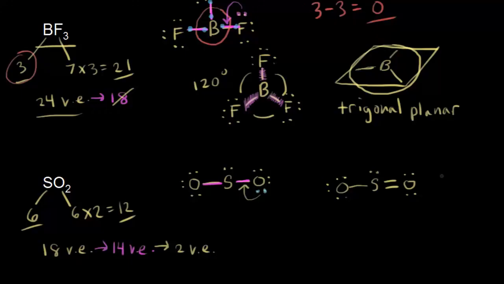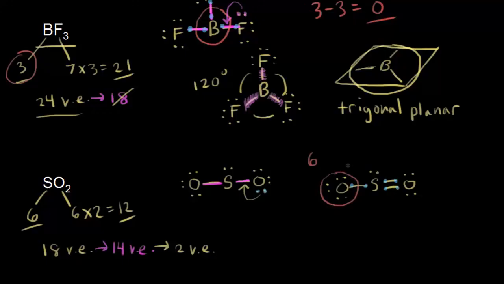All right, so if we assign formal charges now, let's go ahead and do that really fast. So we know that we have electrons in these bonds here. If we assign a formal charge to the oxygen on the left, let's do that one first. Oxygen normally has 6 valence electrons in the free atom, and in our dot structure, we give 1 of these electrons in blue to the oxygen and 1 to the sulfur.